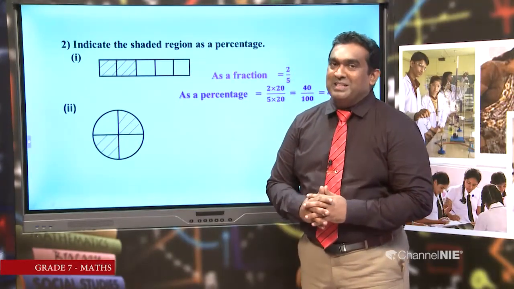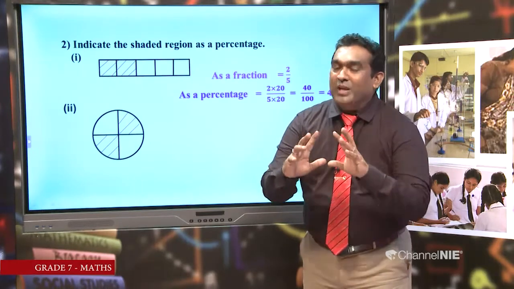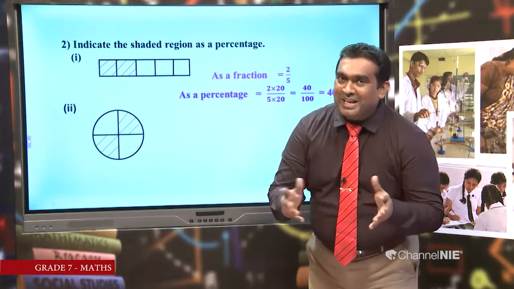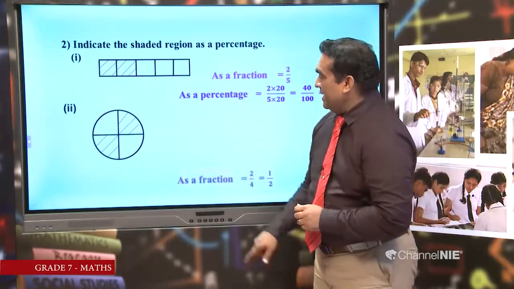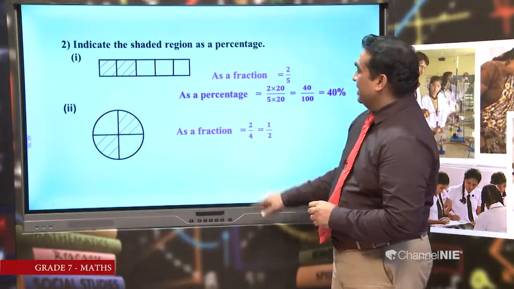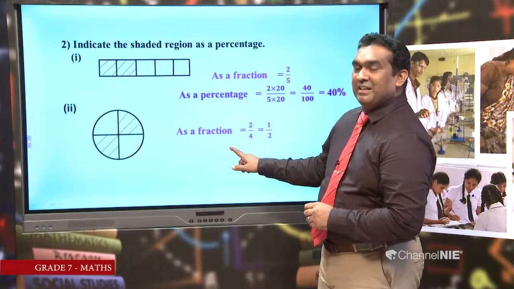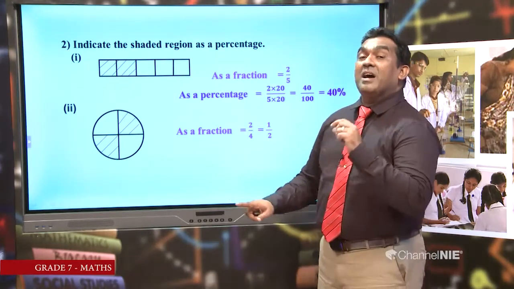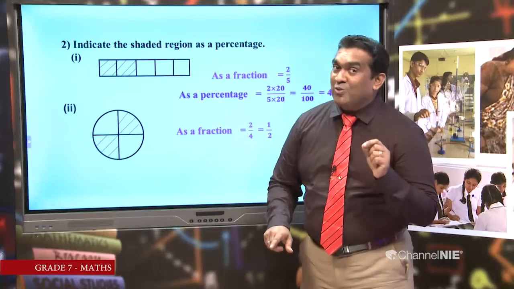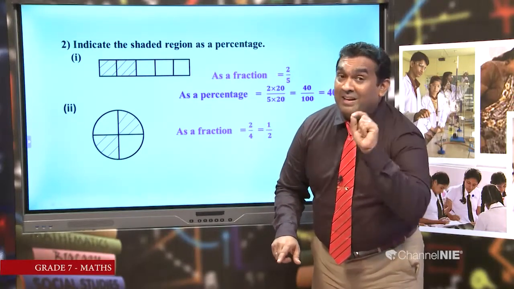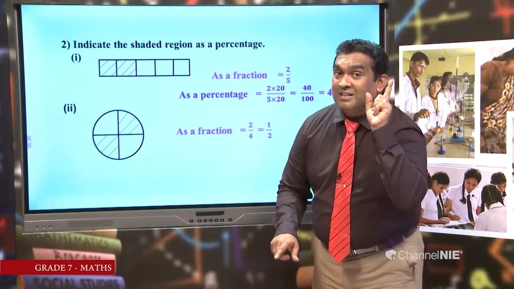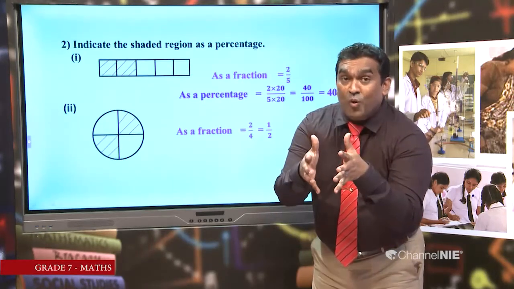4 equal regions. Out of 4 equal regions, you have shaded 2 parts. Right. As a fraction, 2 out of 4. In the simplest form, using the highest common factor. Can you remember? Highest common factor in the ratio lesson to get the simplest form.